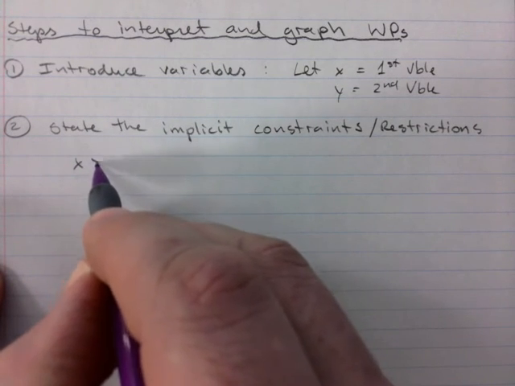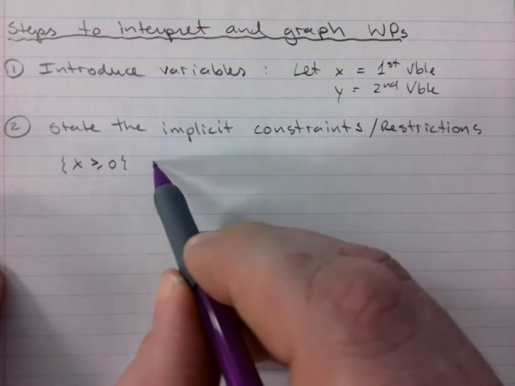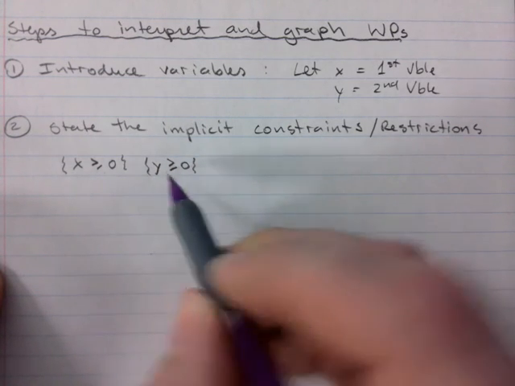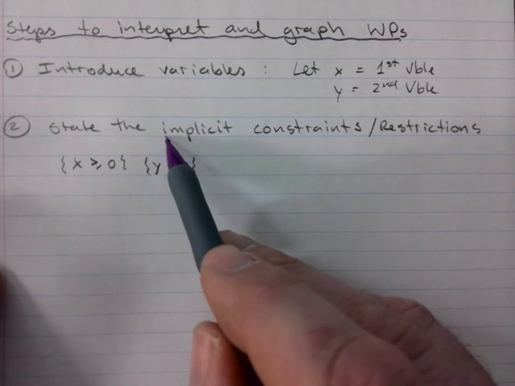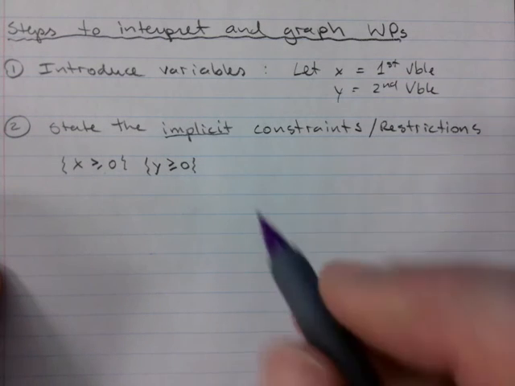You gotta say that x is greater than or equal to 0, with squiggly brackets like that. y is greater than or equal to 0. So you're basically saying only positive values apply. And implicit means that we don't have to say it. The question doesn't have to say it. We're just assuming that this is the case.